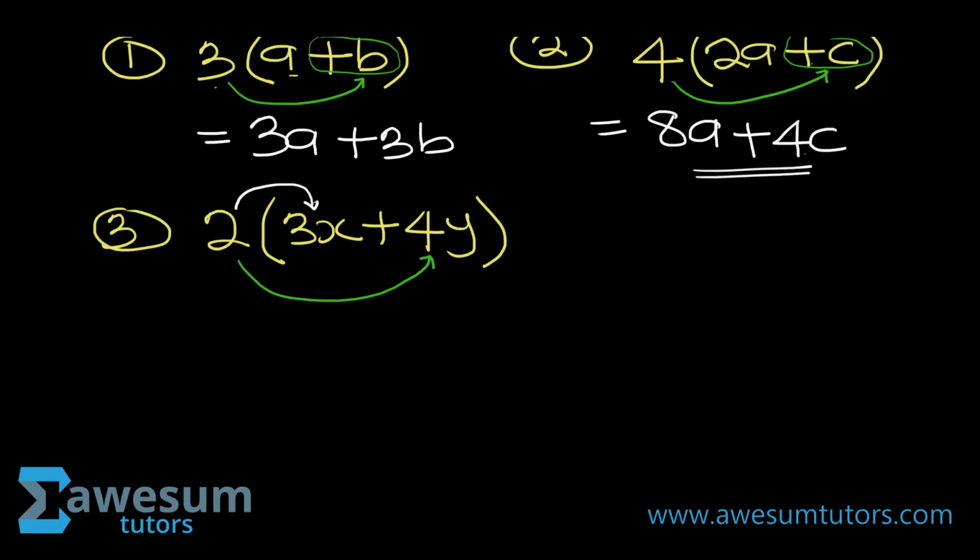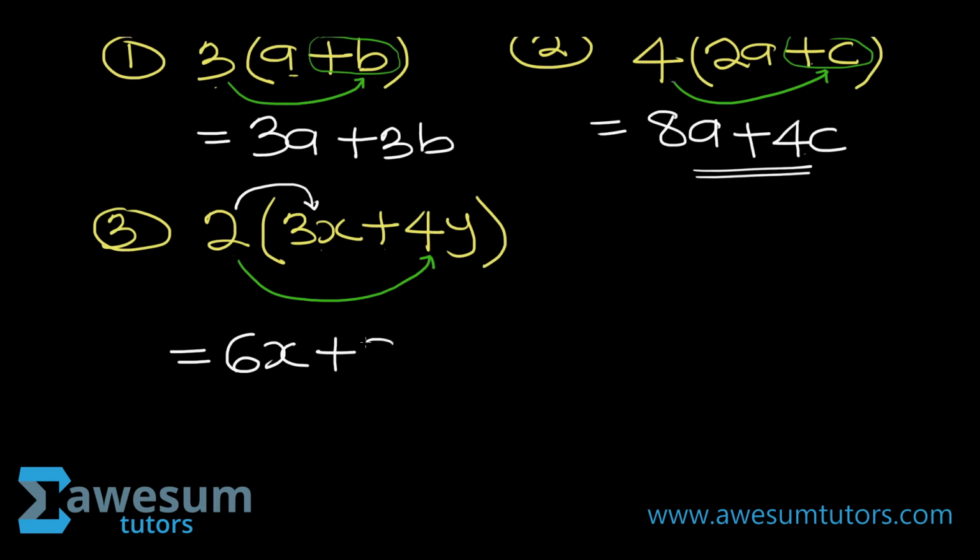Now how do we go about that? It's going to be 2 times 3x. That is 6x. Then 2 multiplied by 4y. That is going to be 8y. And then you have plus right here.